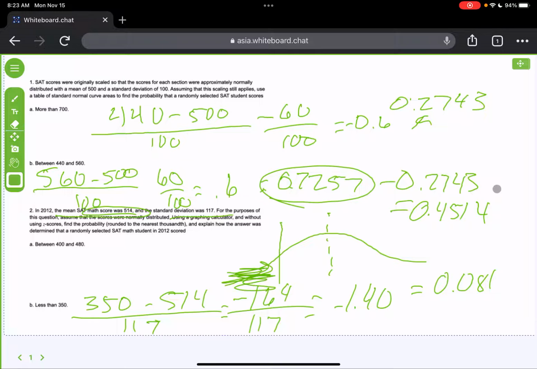I was about to say, you shouldn't come up with a negative percentage or a negative proportion. Alright. Anybody not understand what we're doing here? We're taking the value, subtracting the mean from that value, divided by standard deviation to find our actual probability or our actual proportion of that value.